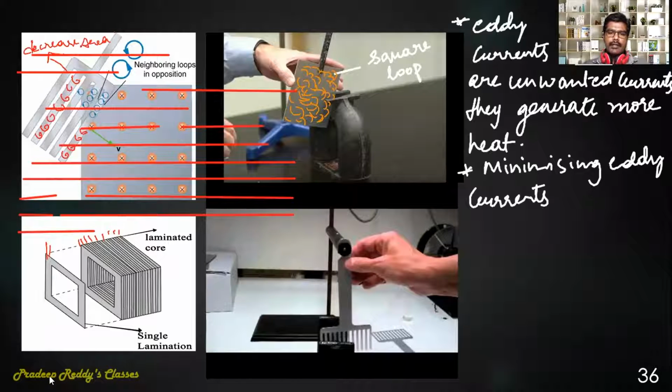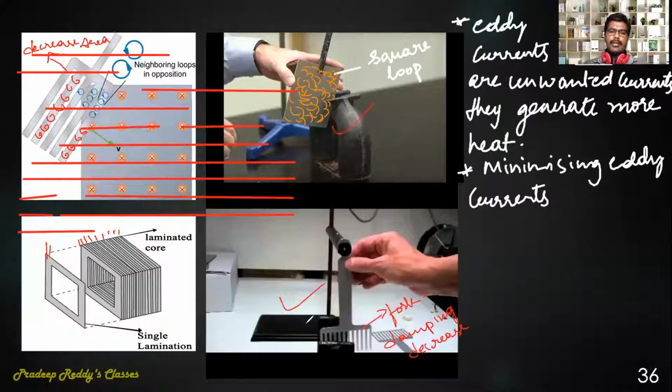Similarly, you can see here, this is a fork like structure, and this is able to move randomly within this. As a result, the damping is decreased. Damping decreases because the eddy currents produced in this case are greater in magnitude than the eddy currents produced in the second case.